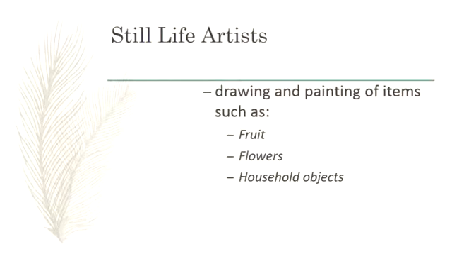And then we also discuss still life artists. Still life is the drawing and painting of items such as fruit, flowers, and household objects, which are usually arranged on a tabletop or shelf. Over the centuries, artists have chosen to paint still life objects for their symbolism, abstract qualities, or simply their visual beauty.